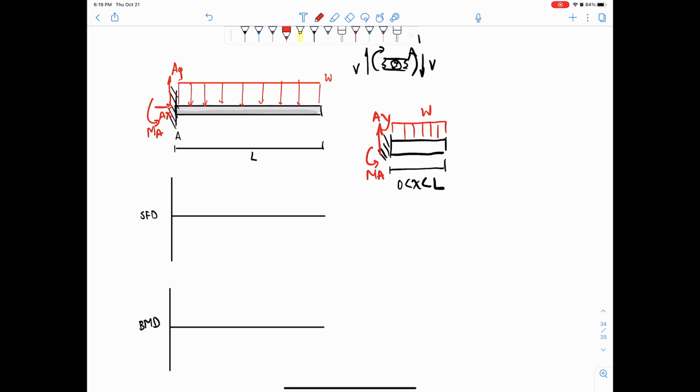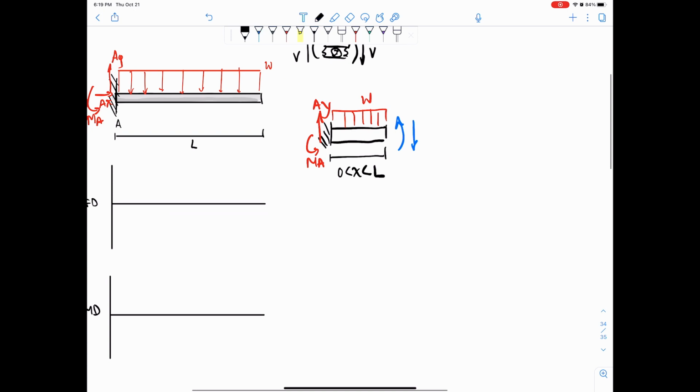Right now, if I were to ask you, can you find this moment and this shear? What would you do? Well, you would do sum of forces in the y direction, just your usual stuff, equals 0.